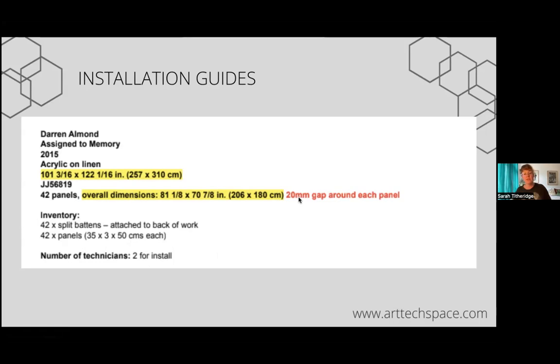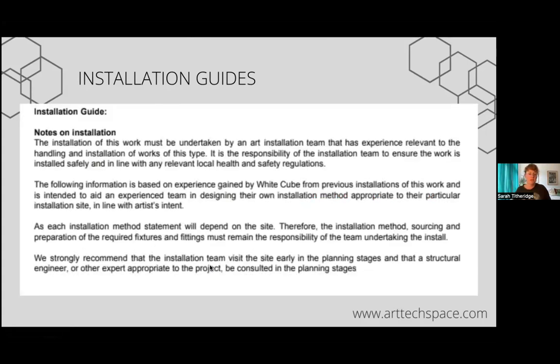It also tells you that, so you have the dimensions of each work, but there should be a 20mm gap around each panel. So that was top and bottom. And then it just goes through some information about, essentially this was generic about what they put on all installation guides that came out of the White Cube.